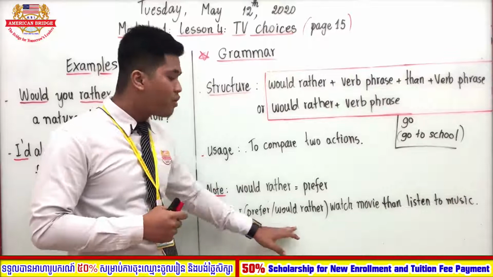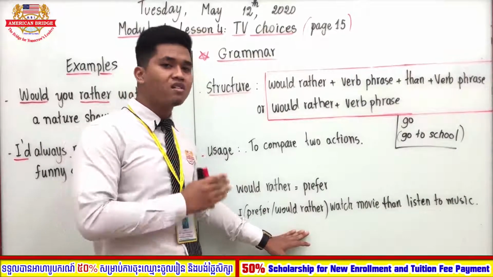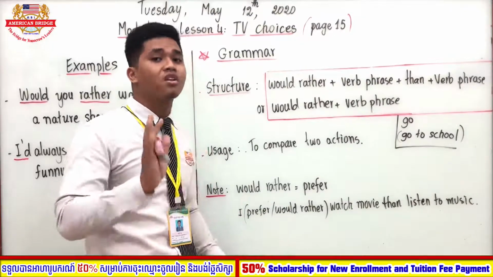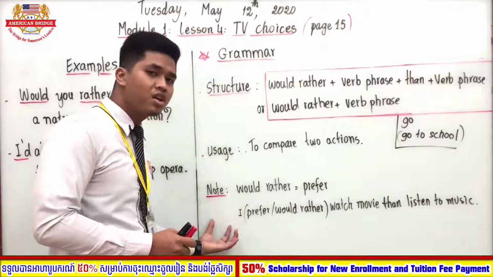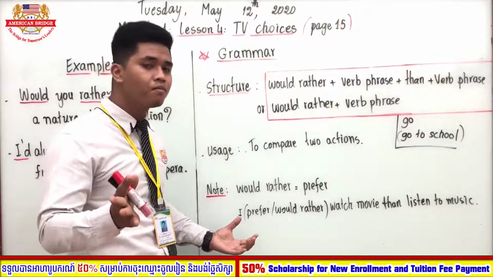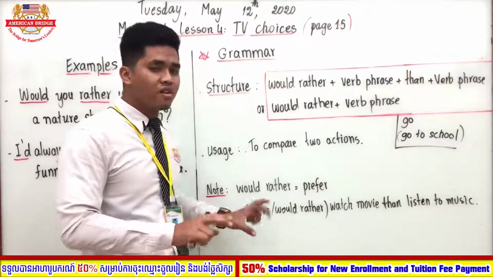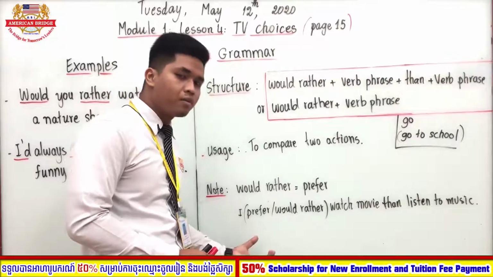However, with would rather, naturally, if you want to change this into question form, you don't need to add an auxiliary verb. You just put would in front of the subject, and it automatically becomes a question. Very good. And that is the only difference between would rather and prefer.